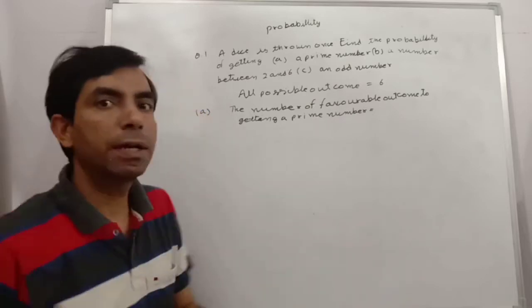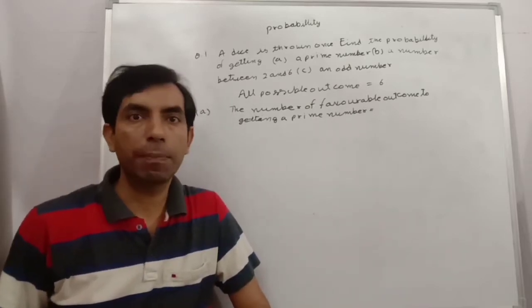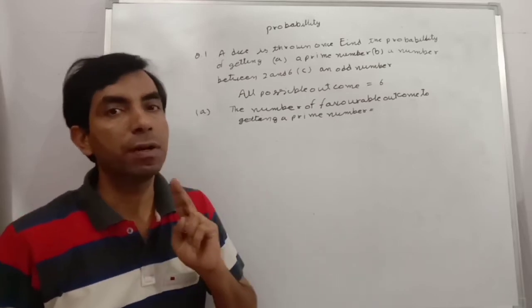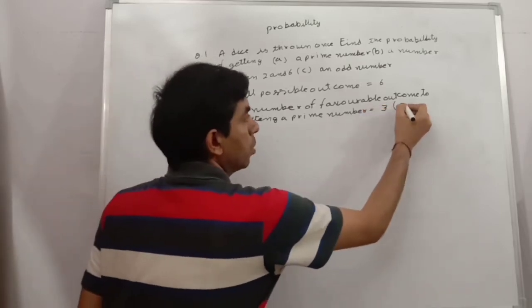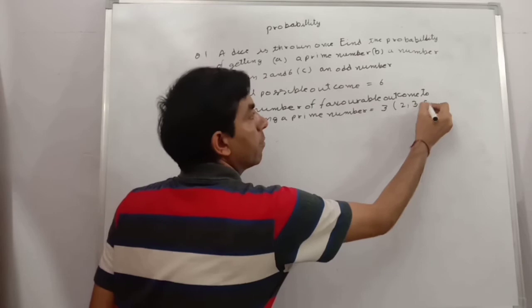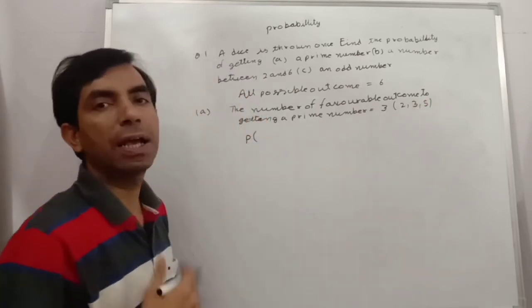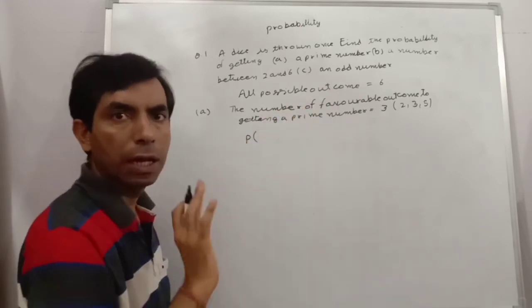We know that in a dice we have numbers 1, 2, 3, 4, 5, 6. 1 is not a prime number, 2 is a prime number, 3 is a prime number and 5 is a prime number. Then we have only 3 prime numbers. So the prime numbers are 2, 3, 5.